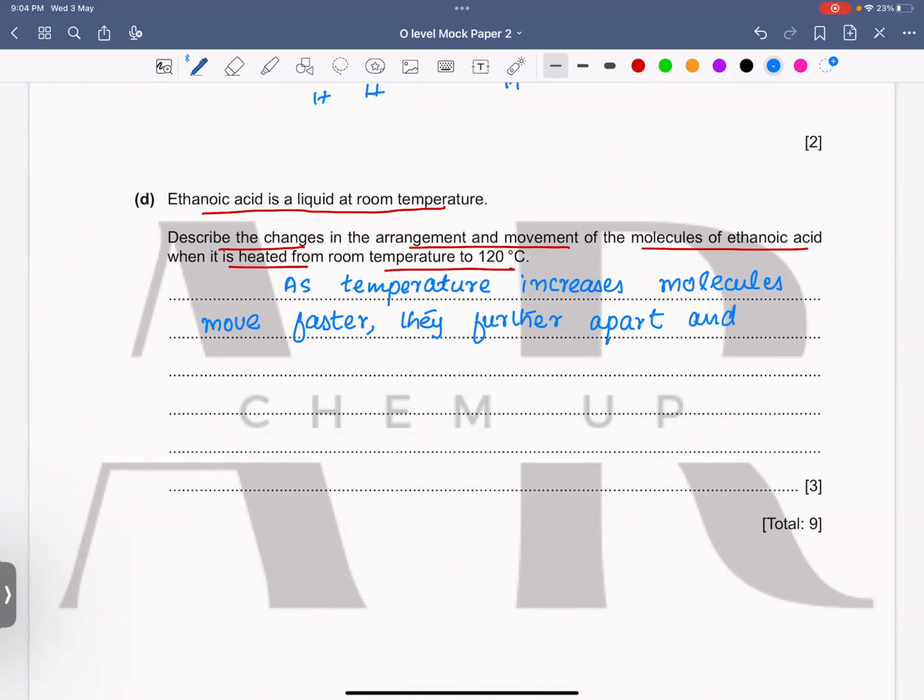And are more irregularly arranged. It is a liquid, so initially they are irregular, but because the liquid goes to a higher temperature, then it would be more irregular, right? So here we have finished the whole specimen paper.